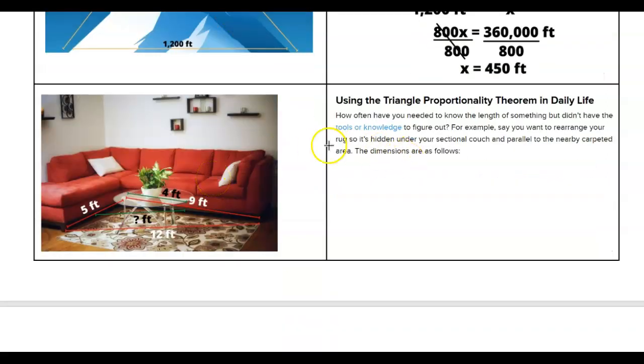But in your house, now, you might do this through trial and error, but if you need to know the length of something and you don't have the tools to figure it out and you want to rearrange your rug so it's hidden under your sectional, you could figure out the dimensions and use that triangle proportionality theorem.